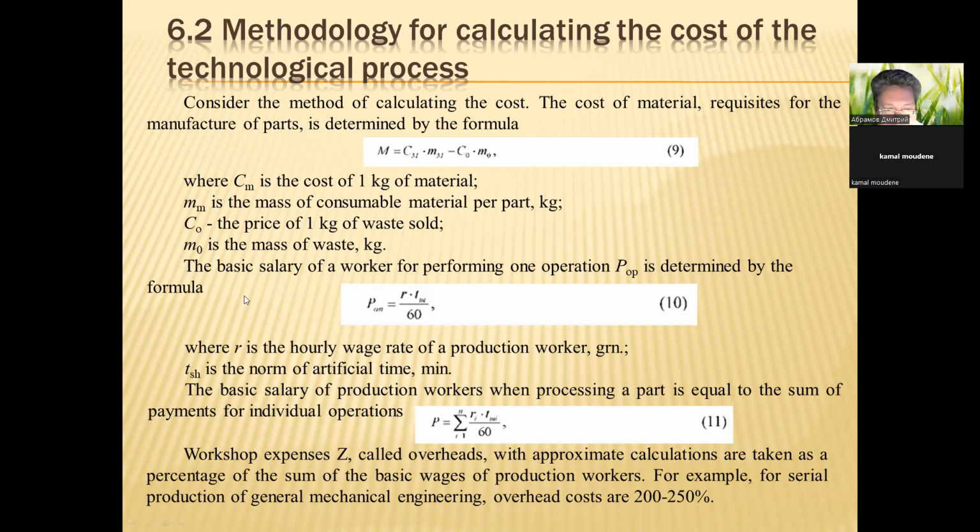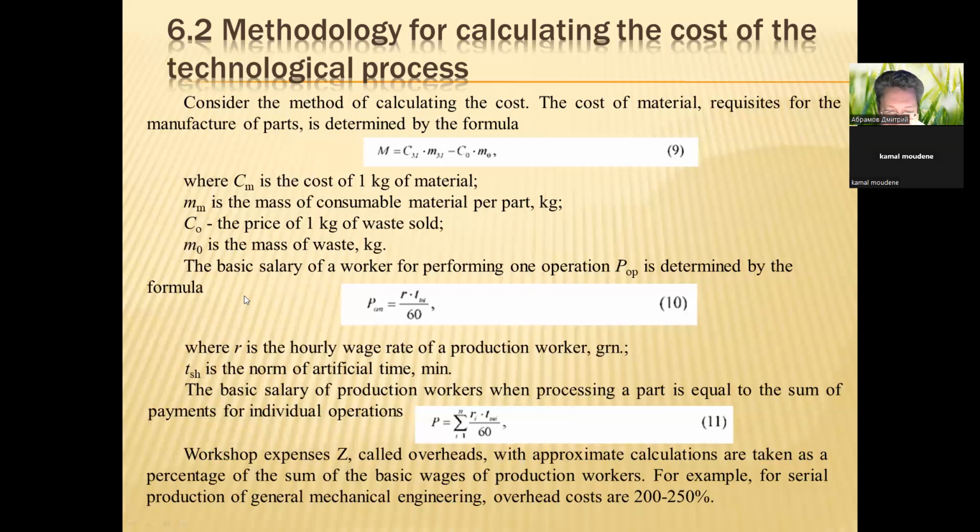In this formula, R is the hourly wage rate of a production worker in hryvnias. T piece is the norm of piece time in minutes. The basic salary of production workers when processing a part is equal to the sum of payments for individual operations, as in formula 11.